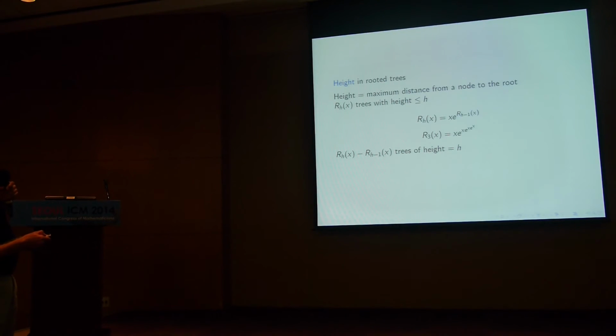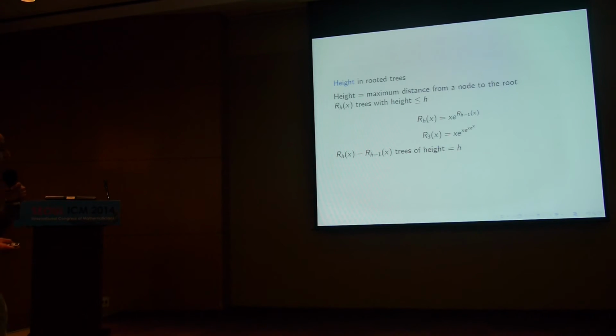So for instance, R_3 is going to be this beautiful entire function, which is a tower of exponentials. It looks difficult. Well, it is not easy, but this can be analyzed using analytic methods. And if you are really interested in trees of height exactly h, you only have to subtract, and you get the trees that have height exactly h.